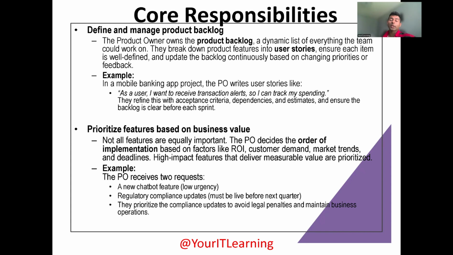For example, the product owner receives two requests: a new chatbot feature, low urgency, and regulatory compliance updates that must be live before the next quarter. If you don't do it, then your company might have some penalties on that. So the product owner prioritizes the compliance updates to avoid legal penalties and maintain business operations.